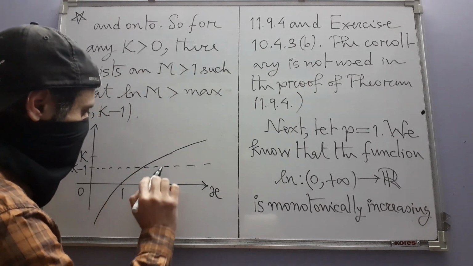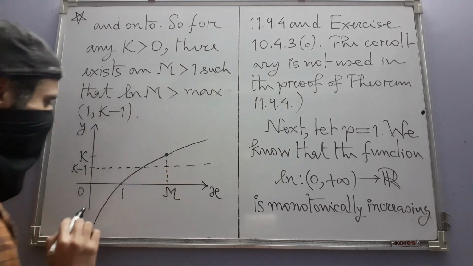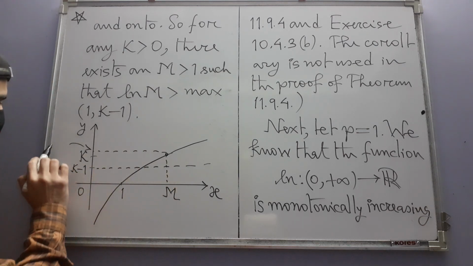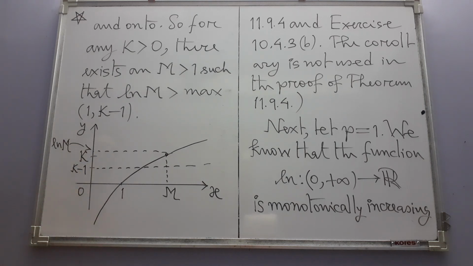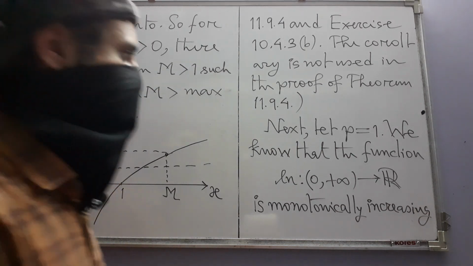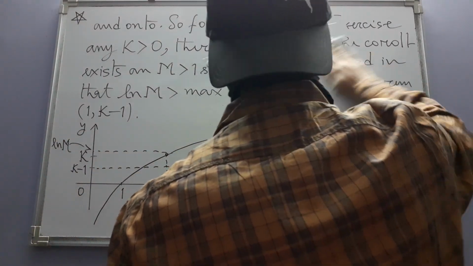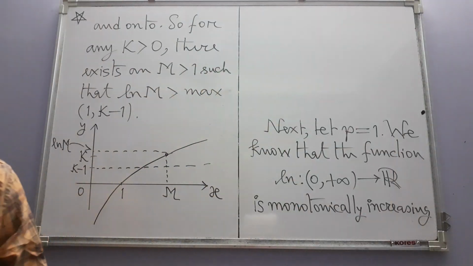So you can always choose some m greater than 1 at which the value, this is ln of m, will be greater than k minus 1, and at the same time it will also be greater than 1. But why do we need this? Well, we are going to need this here.